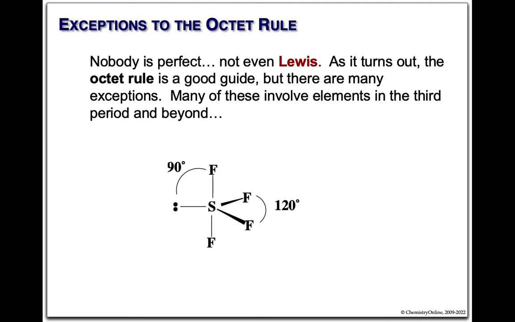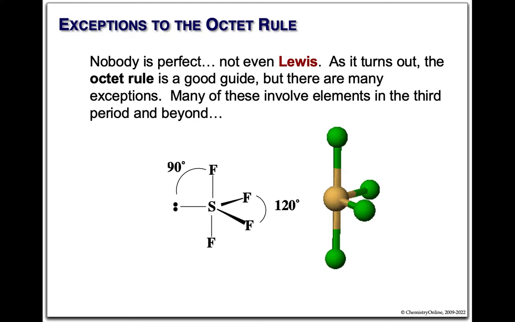You can't have rules unless you have exceptions, can you? This is SF4. 1 sulfur, 4 fluorines. This is its geometry in real life. If you look at our central sulfur here, it has 2, 4, 6, 8, 10 electrons around it.